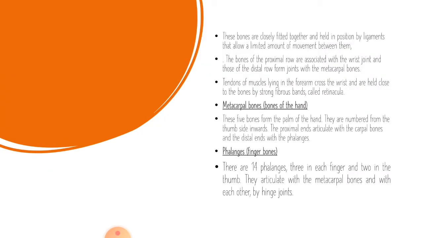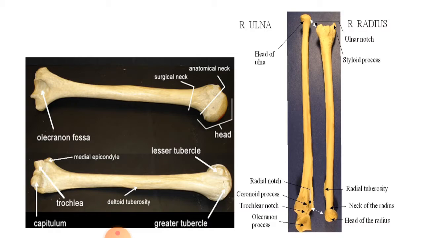Now we will discuss the bones of the upper limb. The first bone is the humerus. It is a long bone, and it has a proximal end and a distal end. At its proximal end, it has a head, and this head takes part in the formation of the shoulder joint with the glenoid fossa.